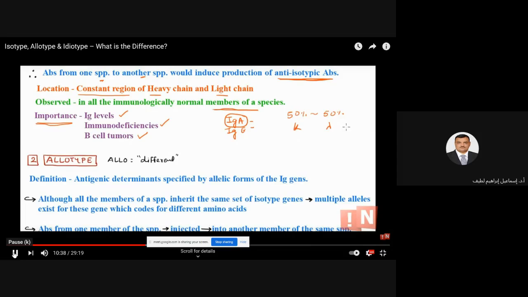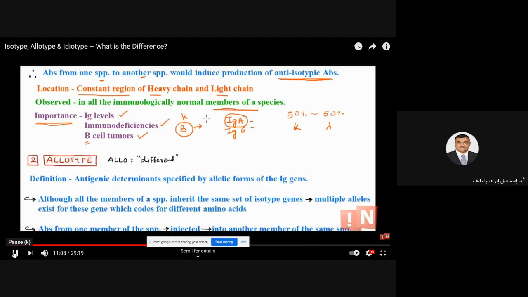But what happens in case of B cell tumor? It's a proliferation of a malignant B cell, a defective B cell going crazy and producing so many clones of itself. So suppose this is a B cell which has the gene for kappa light chain, and it has become tumorous, it has turned cancerous, and it starts multiplying.